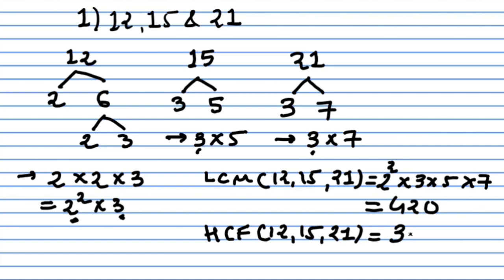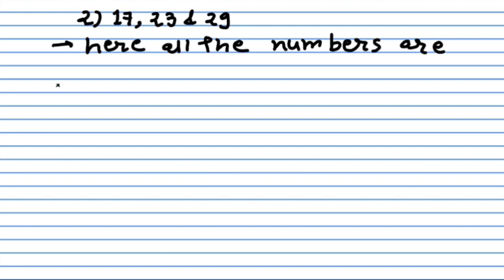Now let us go to the second question. The numbers are 17, 23 and 29. These are all prime numbers. It means they do not have any factor other than 1, so the answer is very simple. We have to write one line here: all the numbers are prime numbers.